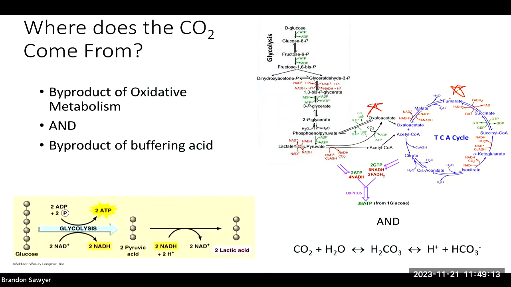But then also in our glycolytic system, we're making lactic acid, right? That lactic acid is going to donate a hydrogen ion to our solution, which is then going to push this equation back this way, and we're going to get some CO2 that way as well. So those would be our two primary reasons we're releasing extra CO2 during exercise: the oxidative system as well as buffering of acid produced by the glycolytic system.